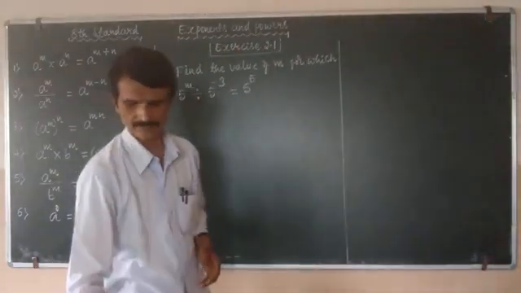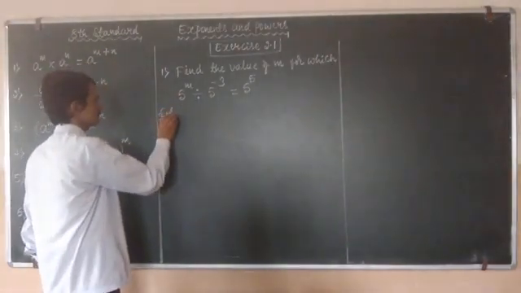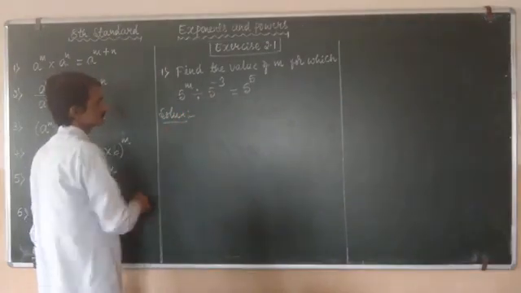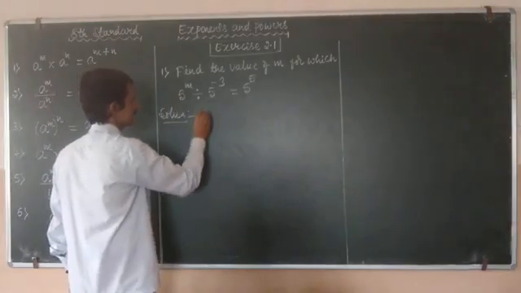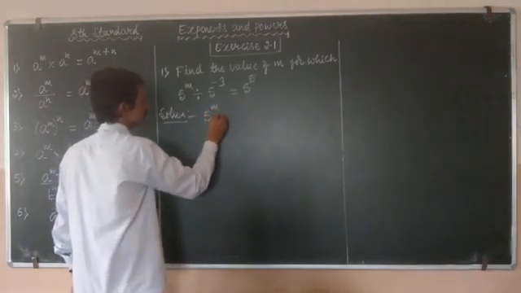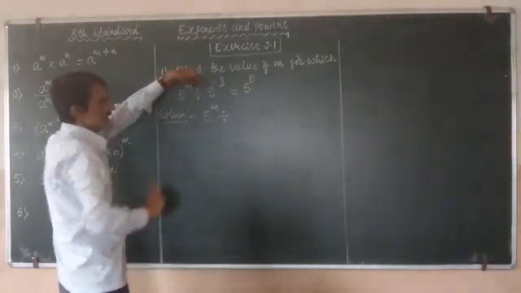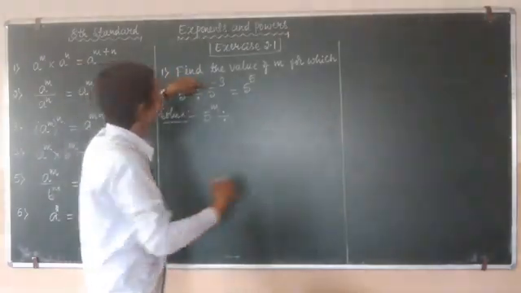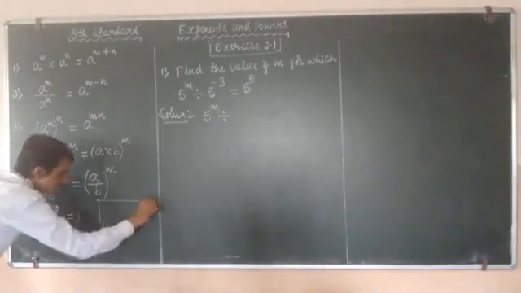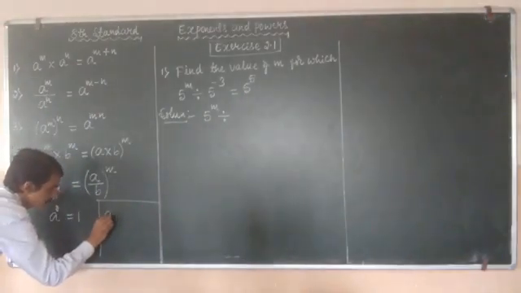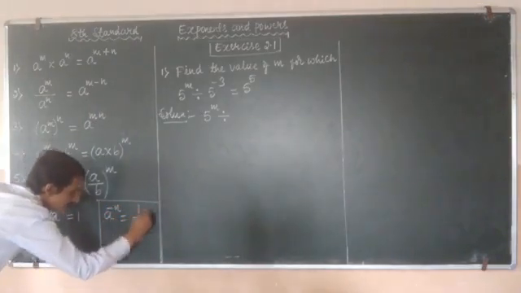Now students, we will simplify this problem. Observe this problem. Write the numerator as it is, 5 to the power of m, divided by a negative exponent. This can be altered by using these laws. You have already seen this: a to the power of minus n is equal to 1 by a to the power of n.